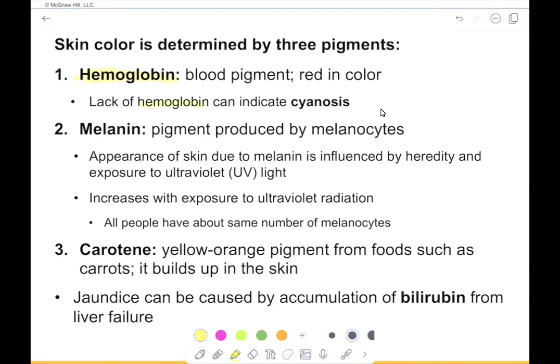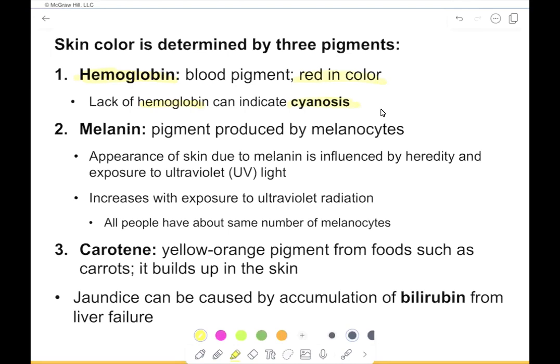The dermal blood vessels have dilated and blood has moved towards the surface, so the person would appear red in color. However, the opposite is also true. When there's a lack of hemoglobin, the person has what's called cyanosis. It almost looks like they look white as a ghost. You've heard that term before. So blood will move to deeper layers of the dermis.